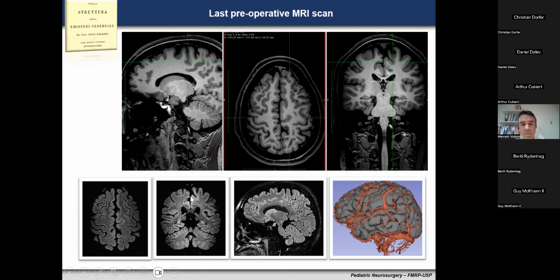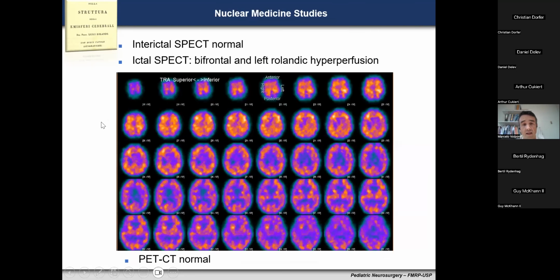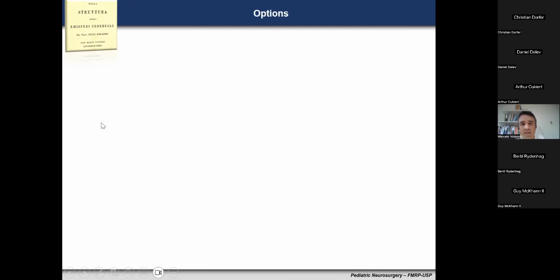So this lesion is just anterior to the Rolandic area. Nuclear medicine studies were also quite interesting. His PET-CT was deemed normal, but his ictal SPECT not only showed bifrontal hyperperfusion, but indeed showed this left Rolandic hyperperfusion. So it looked like there was something going on in this particular area.